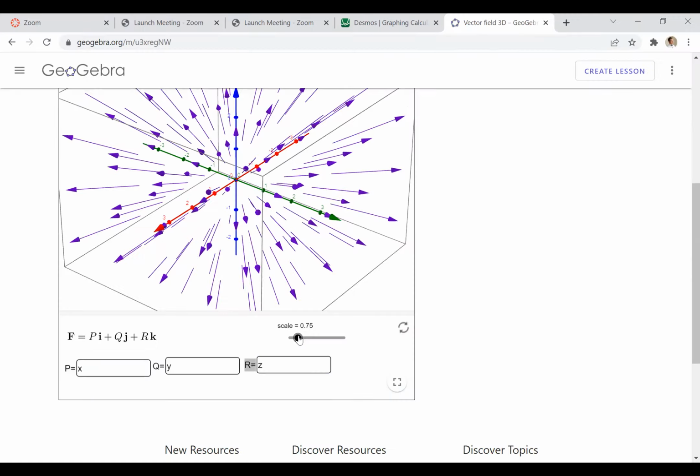It doesn't matter where you begin, right? fx is 2xy. I'm going to integrate both sides here. Integral of fx dx is integral of 2xy dx.